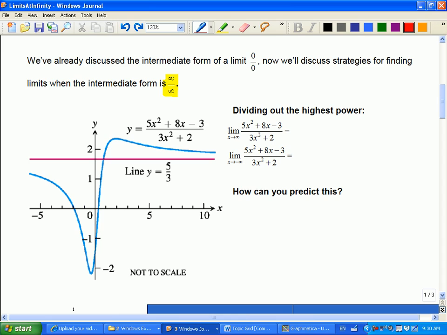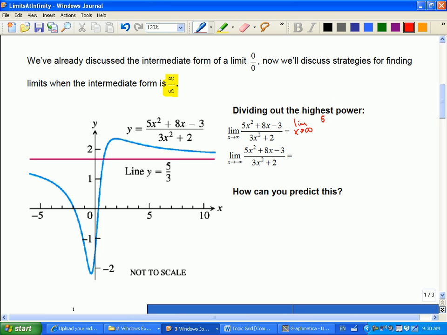One way that you could do it is we could divide out by the highest power. So here's one way that we could rewrite this limit. And the biggest exponent here is x squared. So I'm going to divide everybody in this fraction by x squared.